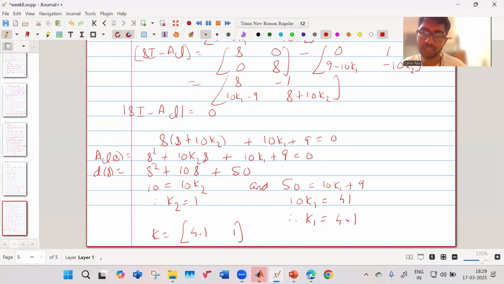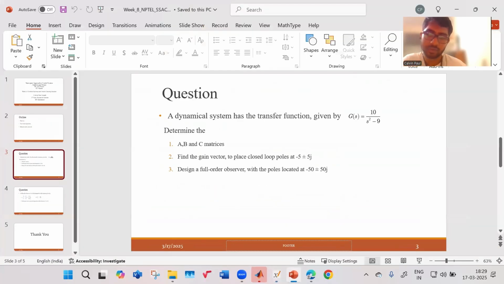Now, if you look at the question, we have to design a full order observer with the poles located at minus 50 plus or minus 50j. That means we have to design that L vector.